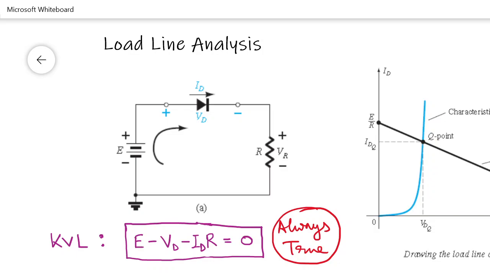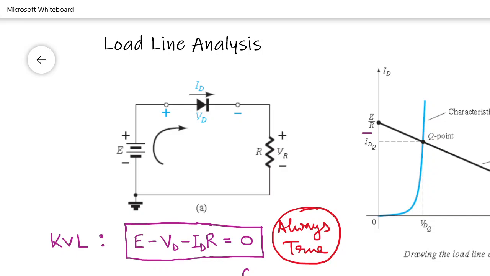And now the task is to draw this line in this plot. It's very easy to draw this line. We take one point where VD is 0. When VD is 0, we have ID equals E by R. And when we take another point on the horizontal axis where ID is 0, we get VD equals E. So this point is E and this point is E by R. And what is the slope of this line?